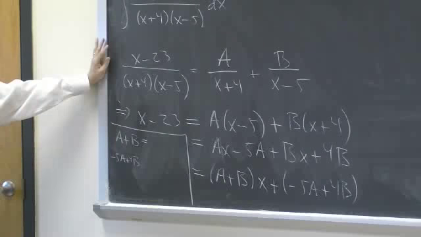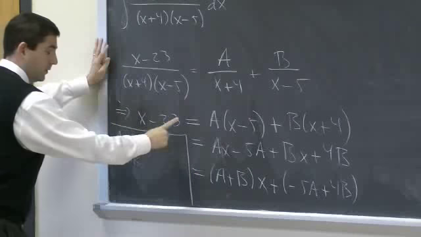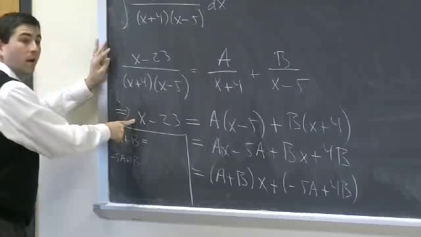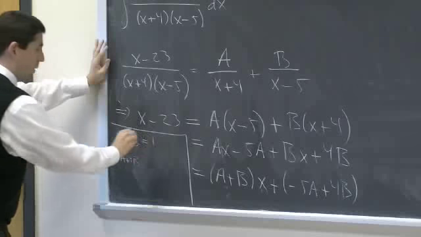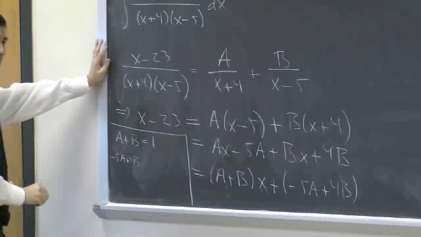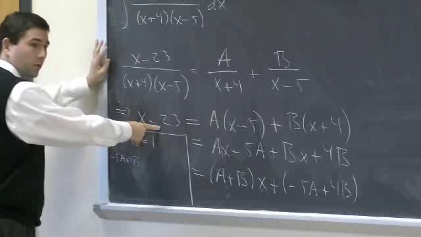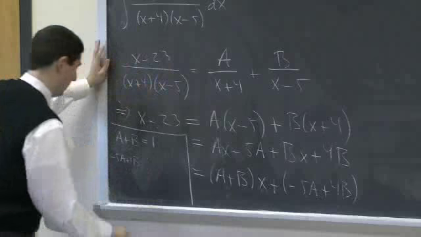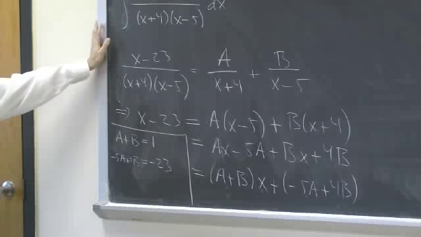Why 1? Yeah, right? This is a polynomial, this is a polynomial, and they're equal. So they have the same coefficients. Coefficient of x is 1. Coefficient of x here is a plus b. So a plus b better be 1. Right? The constant term on the left is minus 23. So the constant term on the right, which is minus 5a plus 4b, has to be minus 23.